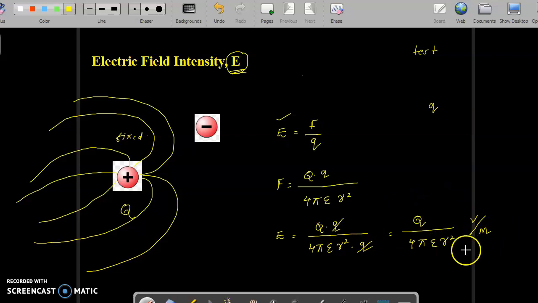So this is the electric field intensity, the electric field experienced by this test charge Q when it is brought somewhere around the fixed charge Q. So we can use this expression to find the electric field anywhere around a fixed charge.